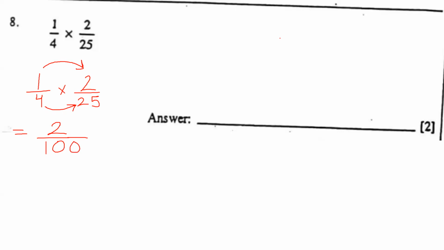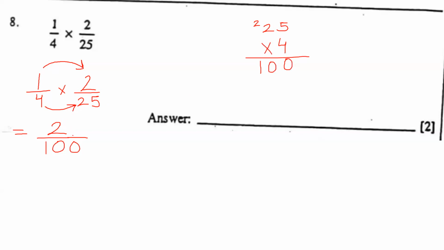We have 4 times 25. 4 times 5 is 20. Put the 0 down, put the 2 up. 4 times 2 is 8. 8 plus 2 is 10, so we get 100. Okay, so that's how we got that. So 1 times 2 is 2, and 4 times 25 is 100.